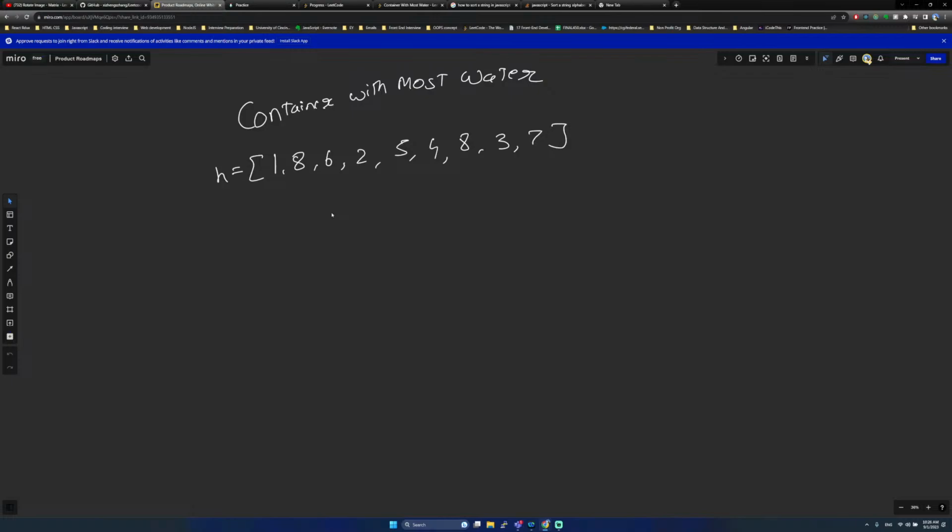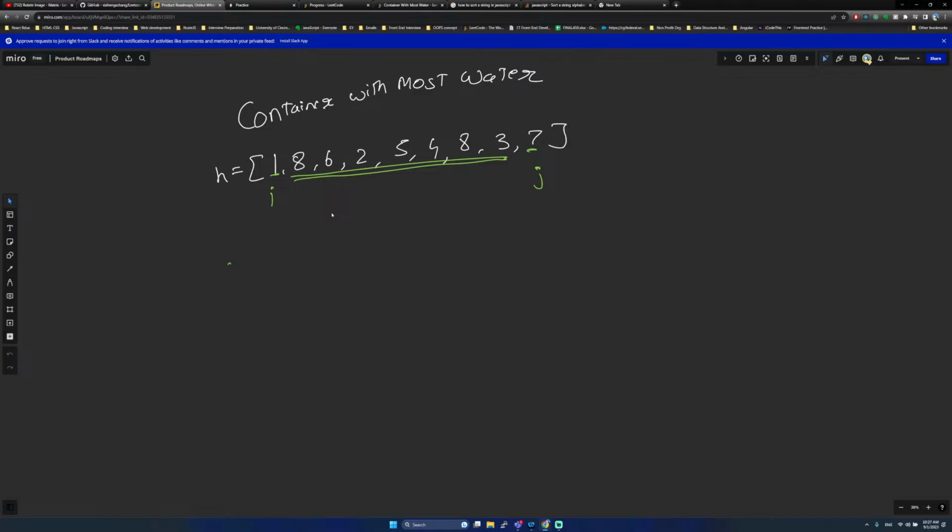What I was talking about was, let's keep a pointer i and j here. Whichever is the smallest of these two, we'll consider that as the height, and then multiply it with the distance between i and j.